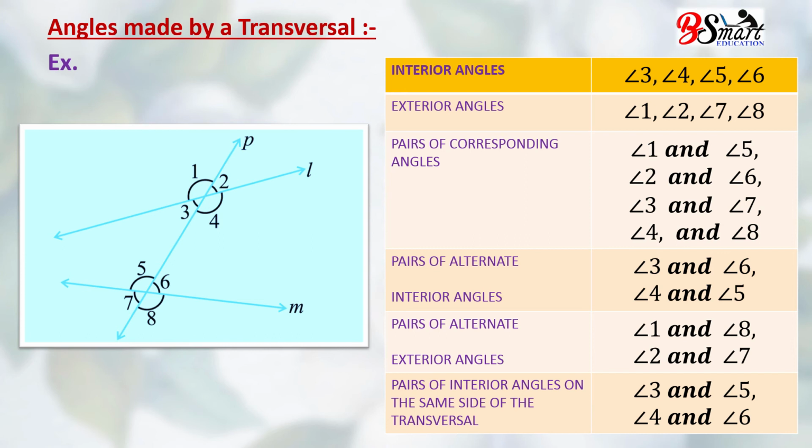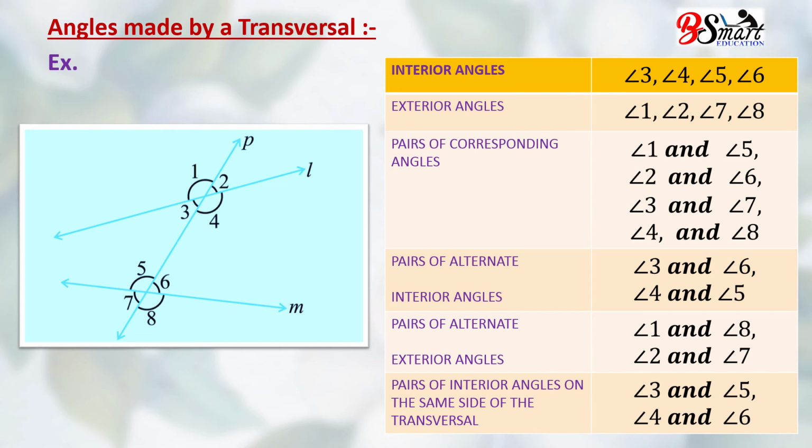Now let us understand names of different angles with given example. First, interior angles. There are two lines L and M. The angles which are found between these two lines are called interior angles. So, angle 3, angle 4, angle 5 and angle 6 are interior angles.